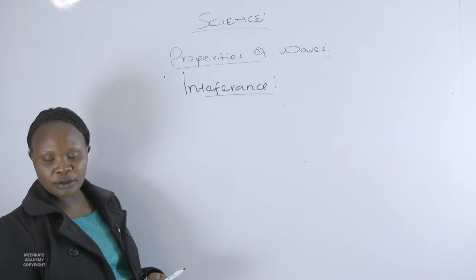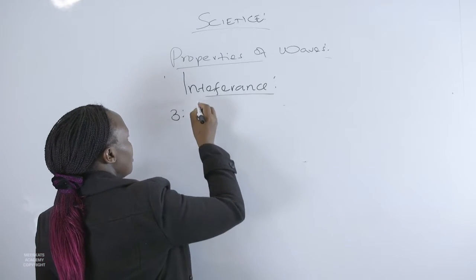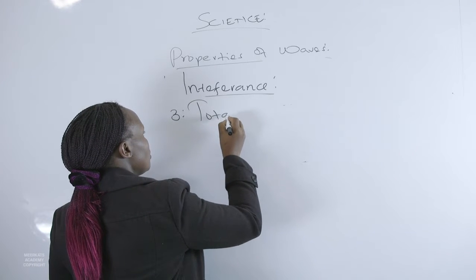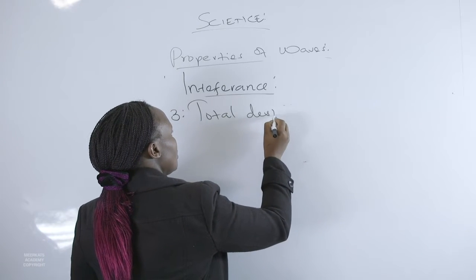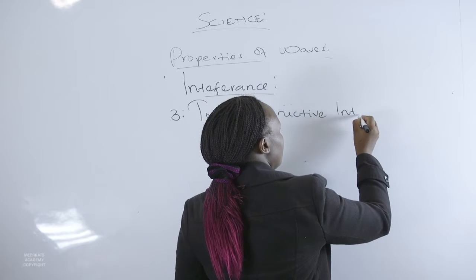Then we can talk about the last type of interference, which we are going to call total destructive interference.